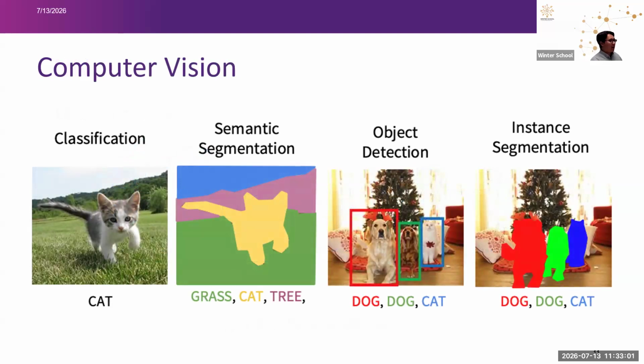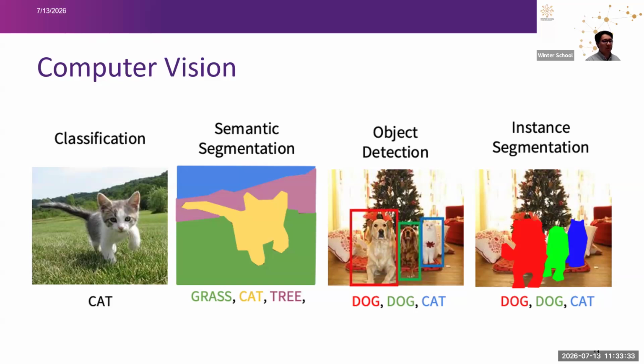Based on this CNN, we have many applications in the computer vision domain. For example, given an image, you can do classification, whether it's a cat, and you can also do semantic segmentation. Basically, different colors represent different semantic meanings, with different embeddings to represent the parts of the image, so you can distinguish the identity from simply looking at the color.